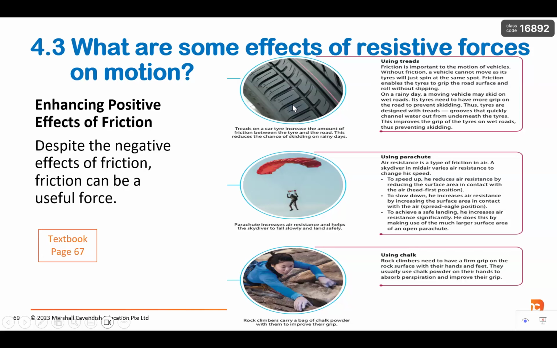Next, we also have rock climbers. Rock climbers need a lot of friction on their hands and feet in order to stay attached to the wall and to climb up the wall. Usually they even use chalk powder to absorb the sweat on their hands, so that it will increase the amount of friction between their hands and the wall.